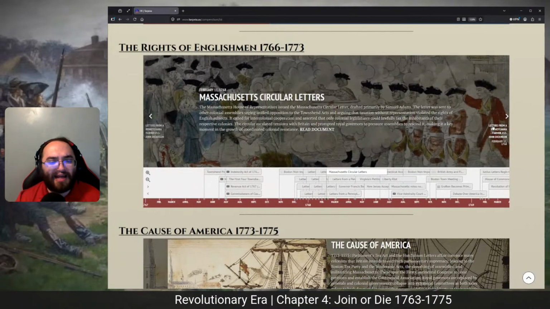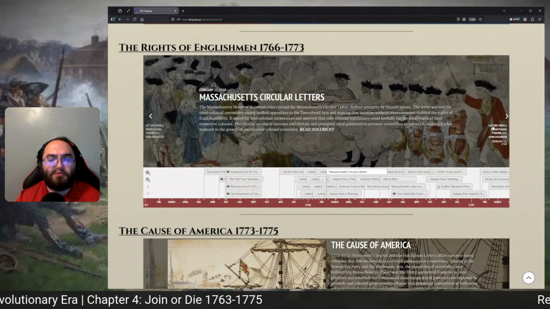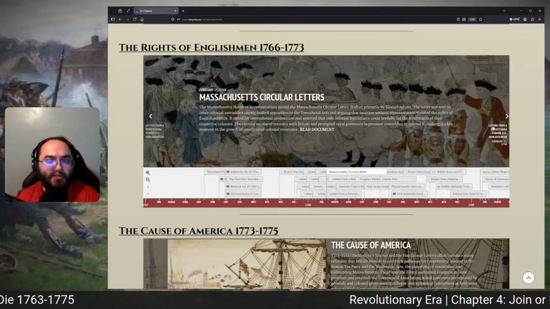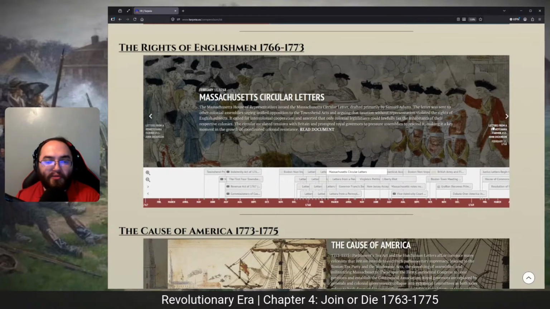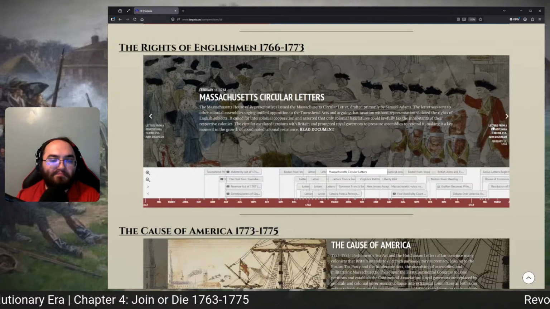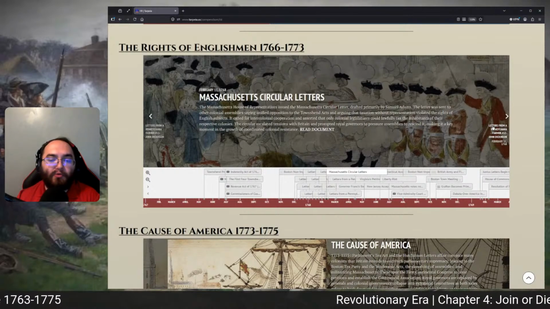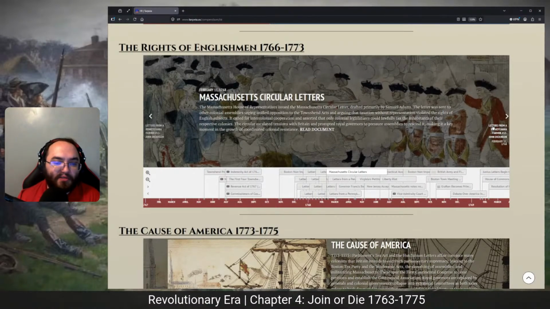The Massachusetts House of Representatives issued the Massachusetts Circular Letter, drafted primarily by Samuel Adams. The letter was sent to other colonial assemblies, urging unified opposition to the Townshend Acts and arguing that taxation without representation violated the rights of English subjects. It called for intercolonial cooperation and asserted that only colonial legislatures could lawfully tax the inhabitants of their respective colonies.